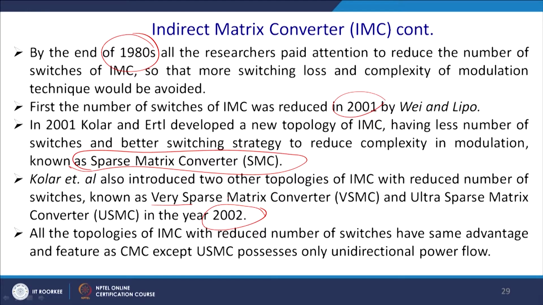All the topologies of the IMC with a reduced number of switches have the same advantages and features of the conventional matrix converter, except they allow only unidirectional power flow, whereas in the matrix converter we have bidirectional power flow.